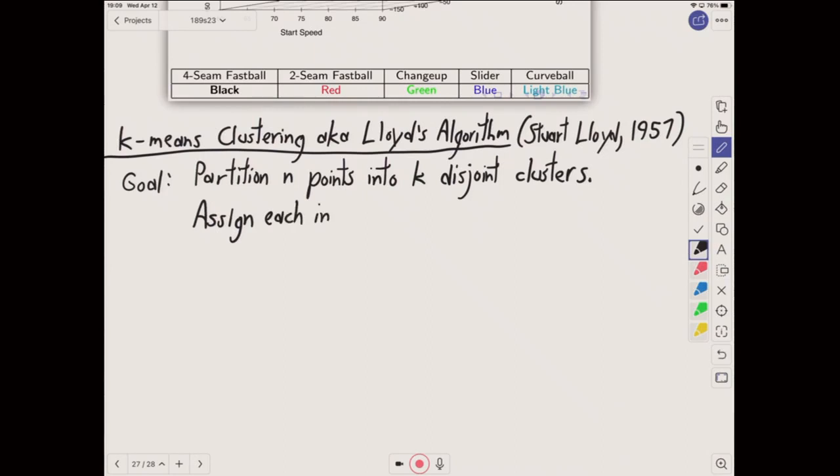So the goal of our algorithm is to assign each input point, x_i, a cluster label. Now, this is an unsupervised learning algorithm, so we're not given any labels as input, but we can make up labels internally and use those as cluster numbers. I'll use the letter y for whatever cluster label we've assigned internally, and that has to be in k.